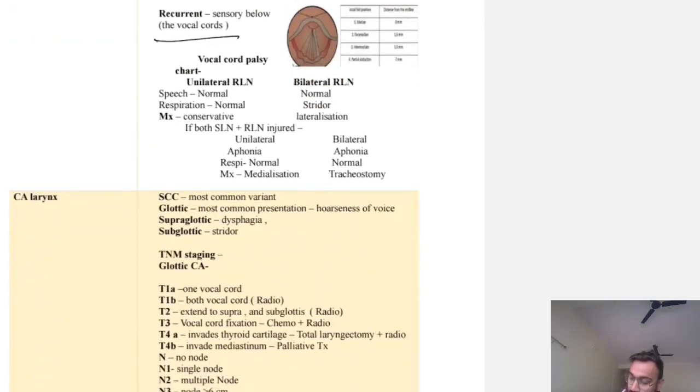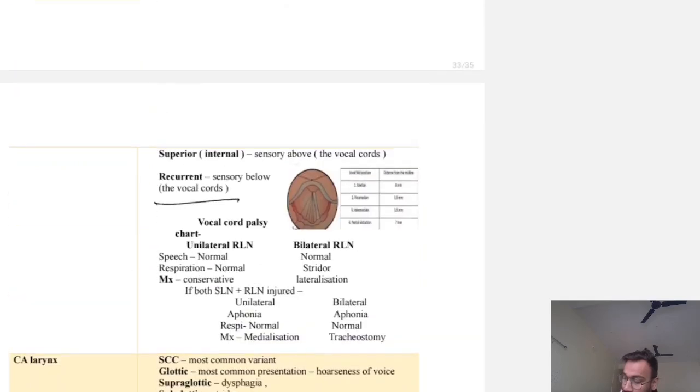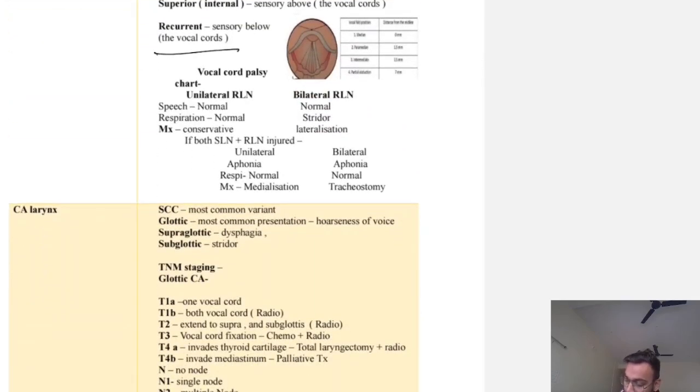Now let's talk about the vocal cord recurrent laryngeal nerve palsy. And obviously, because the superior laryngeal nerve supplies the sensory part above the vocal cord, sensation of vocal cord is gone. Okay, now let's talk about the unilateral recurrent laryngeal nerve palsy.